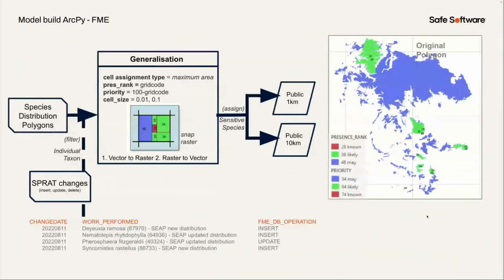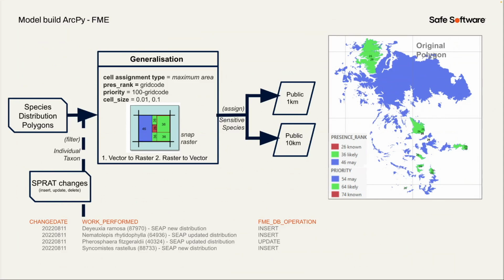In terms of the actual generalizing process, I drew up this diagram to try to describe the way in which generalizing, raster processing, gridding works in Esri or in FME. The key decisions were what happens when there are overlaying or overlapping cells, how do we prioritize and rank? And Esri has extremely good functionality for that.